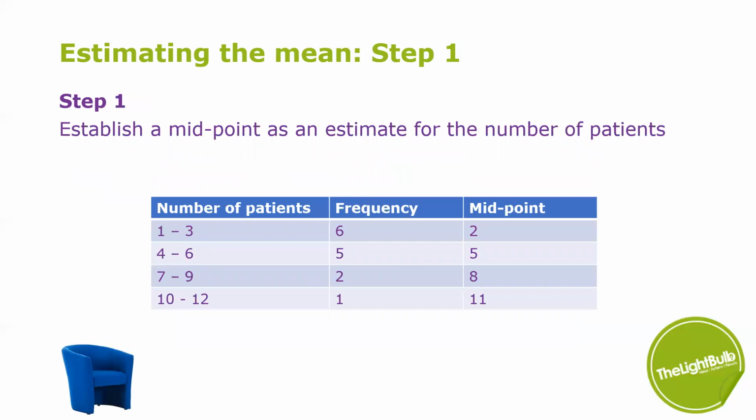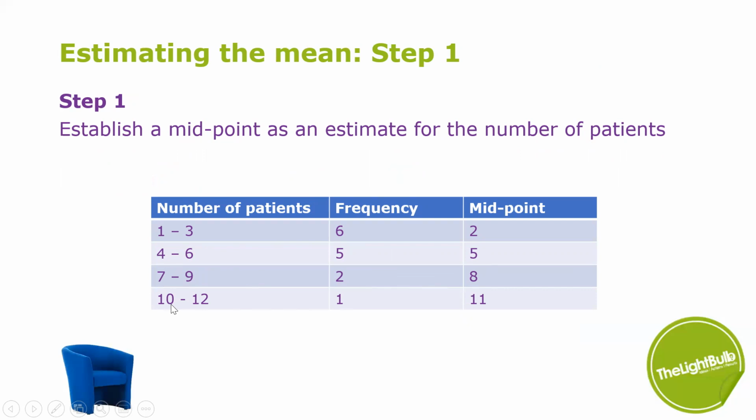In the first row, where it's 1 to 3, my middle point is 2, as I said. In the next row down, where it says 4 to 6, my middle point is going to be 5. The next row down, where it's 7 to 9, my middle point is going to be 8. And then finally, you can see where this is going.